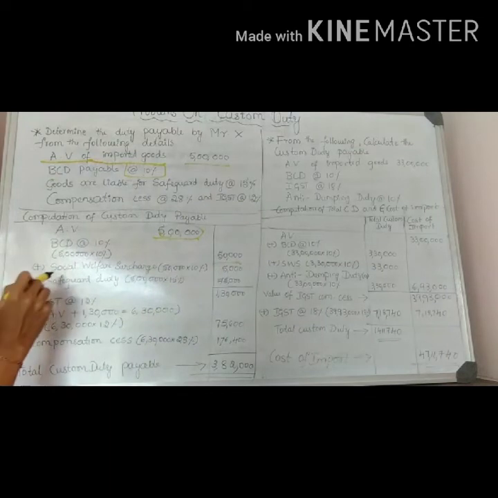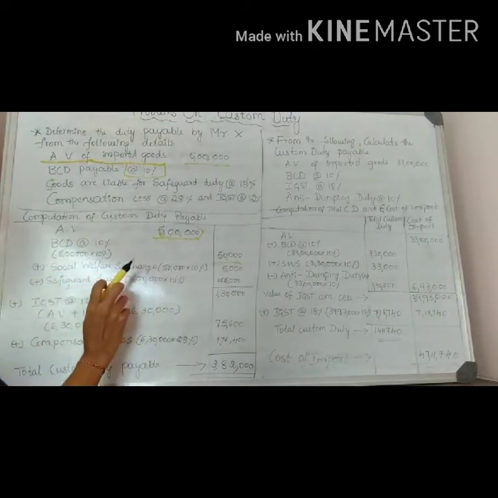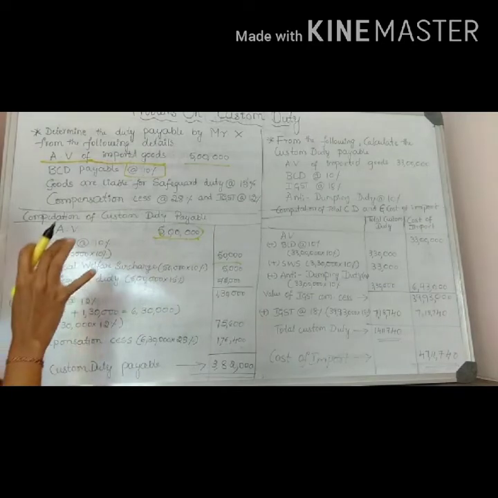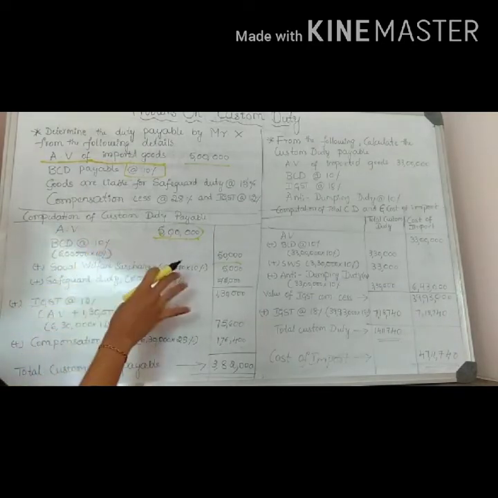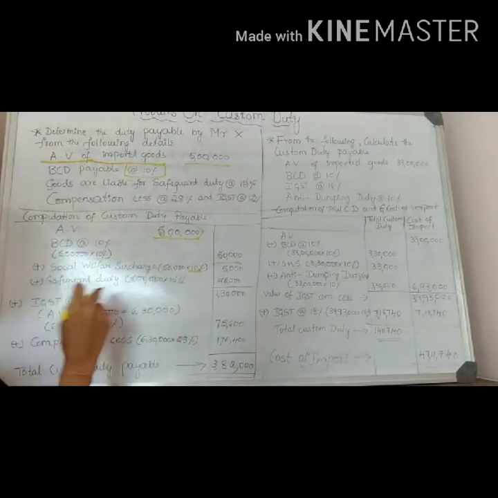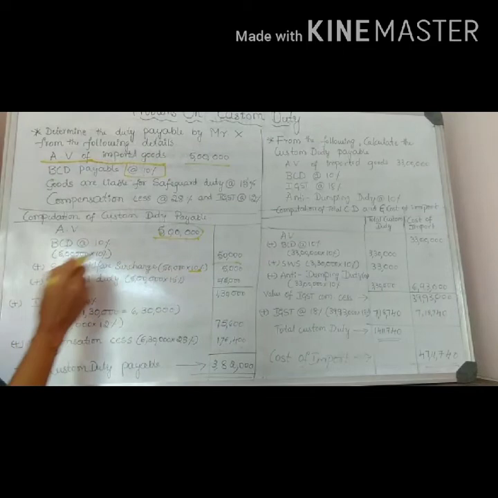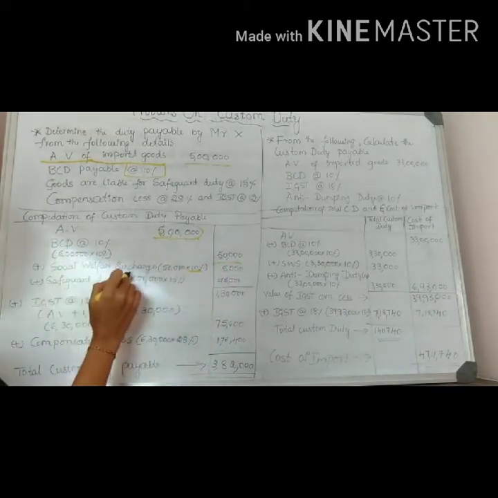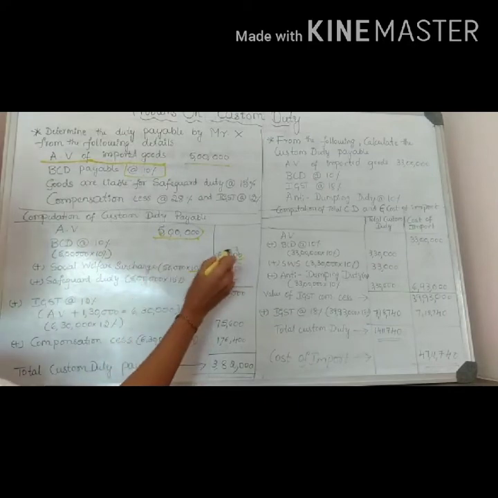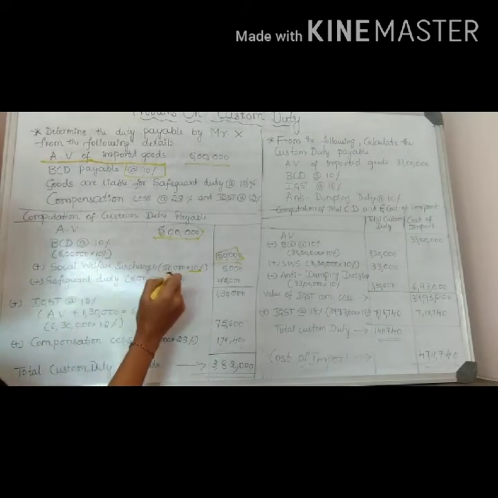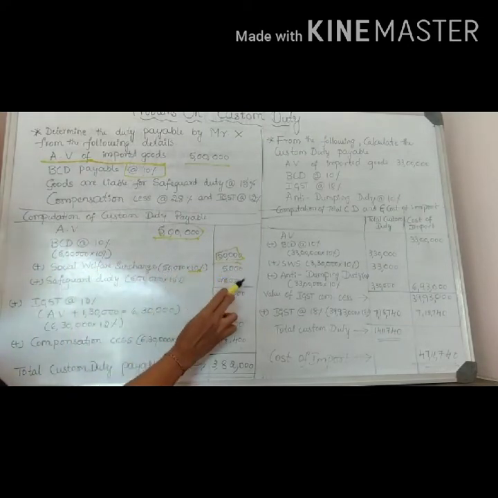Next, add social welfare surcharge. Social welfare surcharge is not given in the problem, but we must calculate it at 10%. BCD is 50,000, so social welfare surcharge is 50,000 into 10%, which is 5,000.